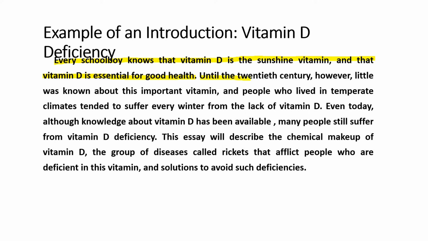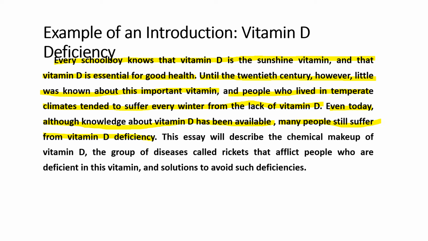So, until the 20th century, however, little was known about this important vitamin, and people who lived in temperate climates tended to suffer every winter from lack of vitamin D. Even today, although knowledge about vitamin D has been available, many people still suffer from vitamin D deficiency.